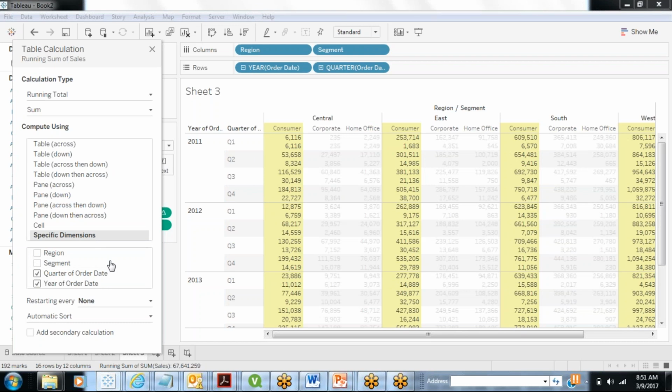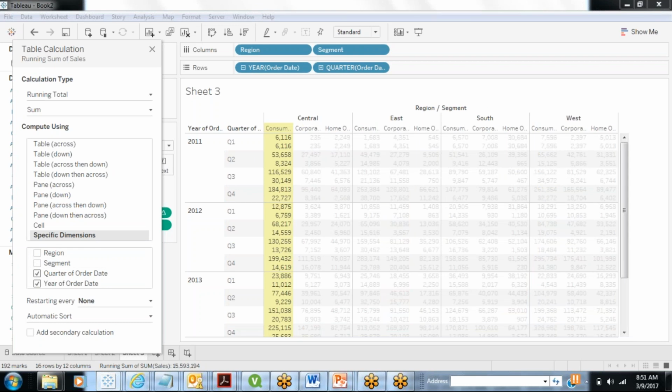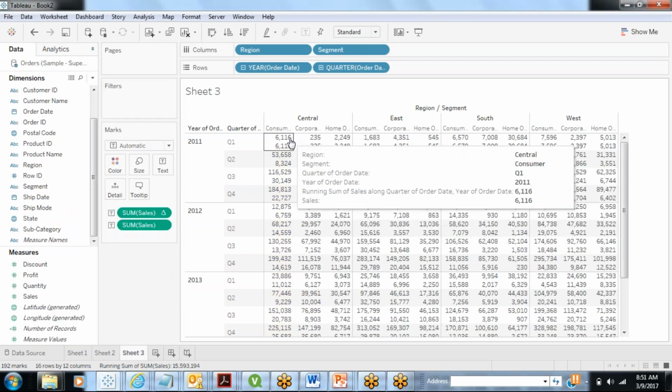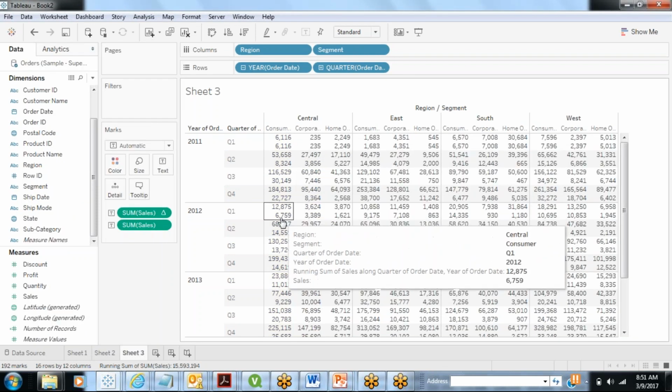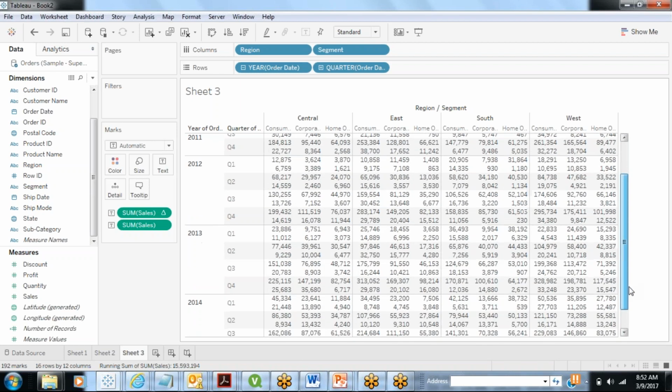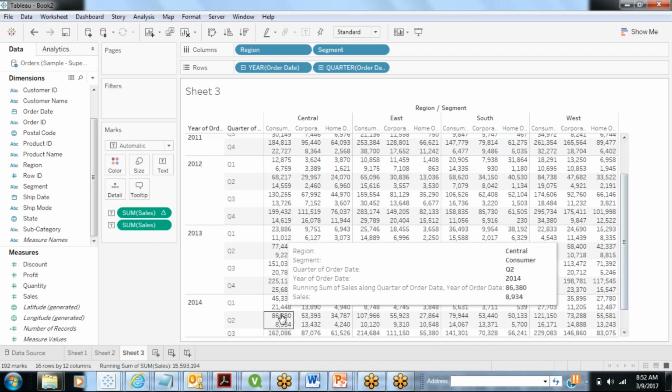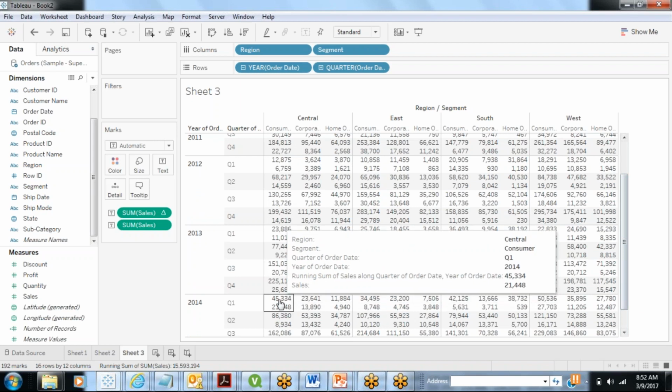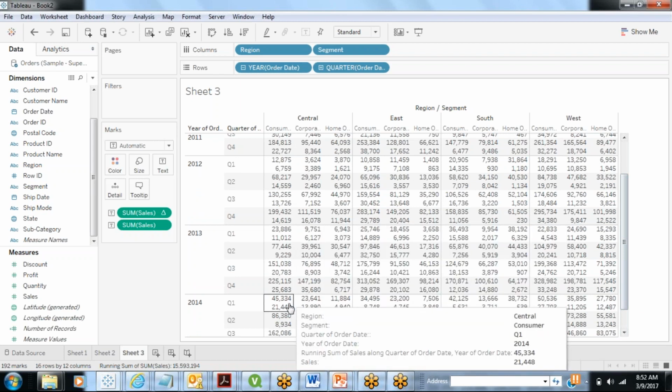Now you see quarter and year I keep. So now you see here, 6116 plus 6759 is 12875, plus 11, it is 23, right? Now I go down, 23 plus 21, it is 44, and 800 and 300, it is 45.